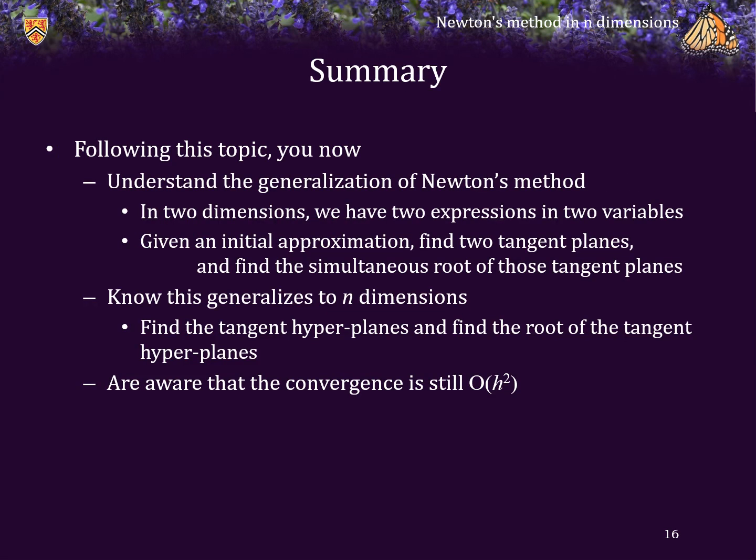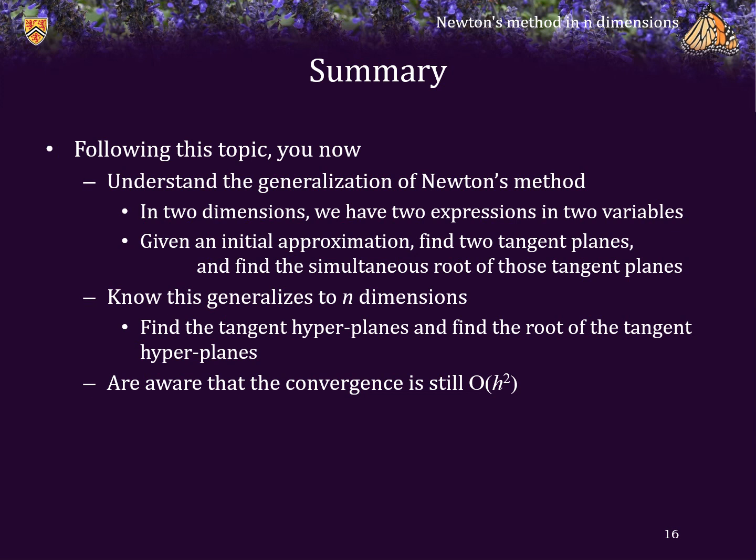Following this topic, you now understand the generalization of Newton's method. In 2 dimensions, we have 2 nonlinear expressions in 2 variables, and we want to find a simultaneous root. Given an initial approximation of that simultaneous root, we find 2 tangent planes, find the simultaneous root of those 2 tangent planes, and iterate.